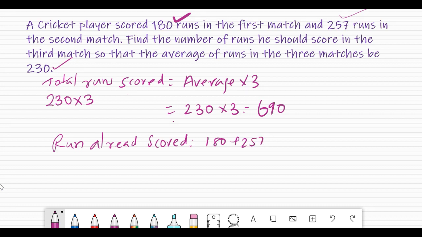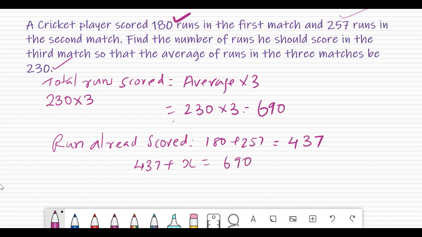That is the already scored, which is equal to 437. So now 437 plus the third match score must be equal to 690.